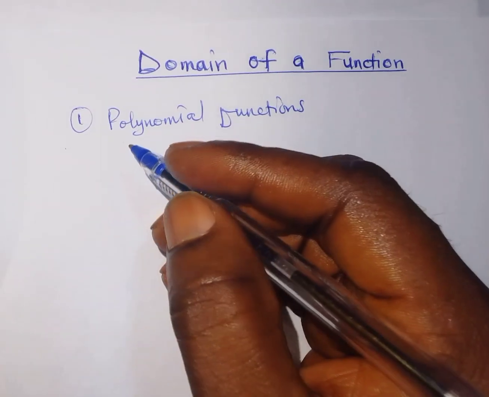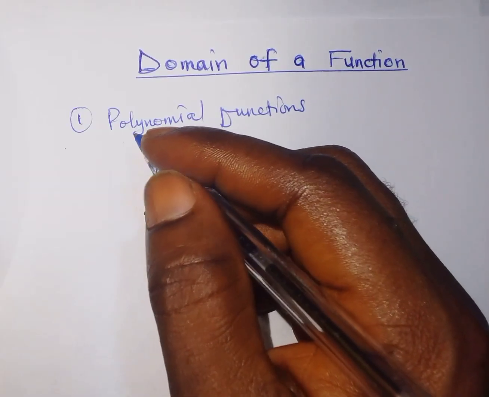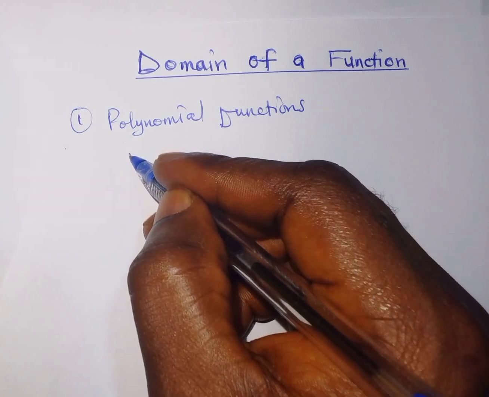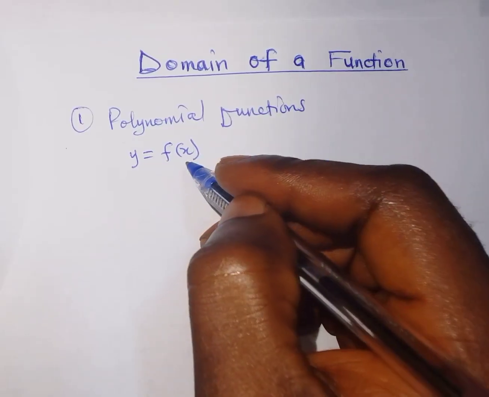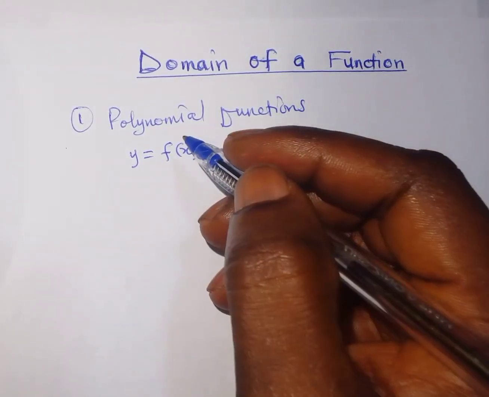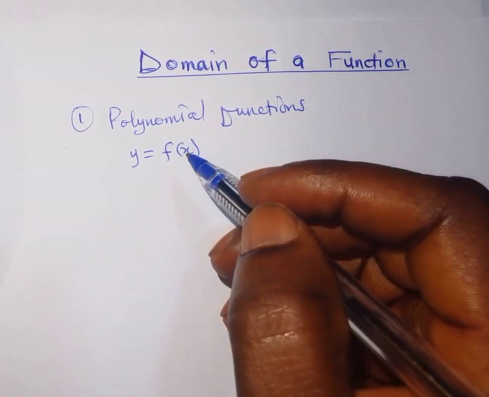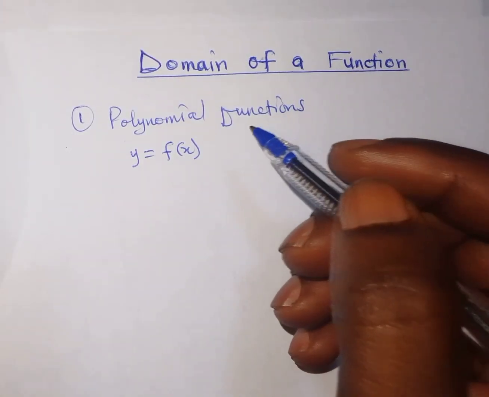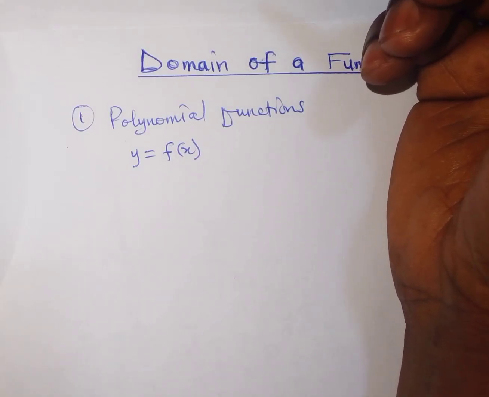So for a domain, let's say you are given the function, y is given as the function. If the function is a polynomial, then when you're asked to state the domain, it's very simple. It means that every possible real number, or the whole set of real numbers, can be a domain. Now, in the actual sense, when we say domain, we are looking at the values of x that make that function defined.